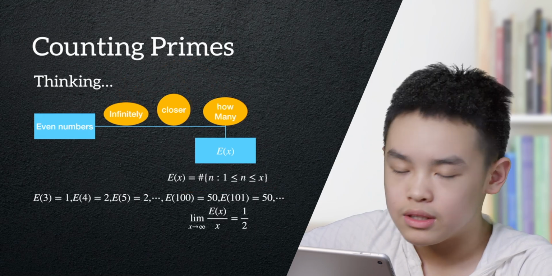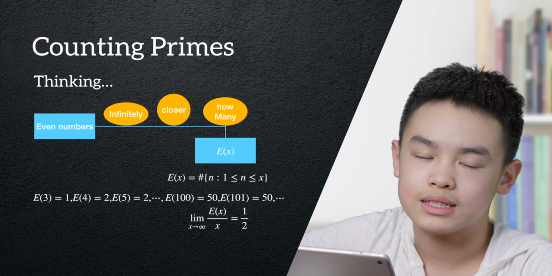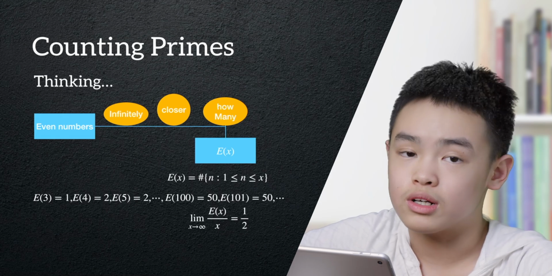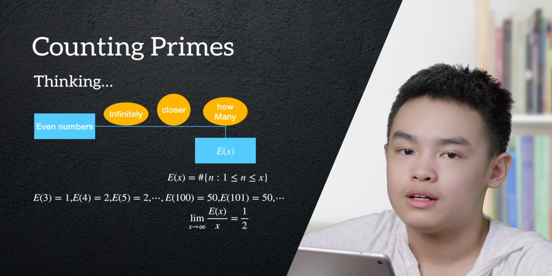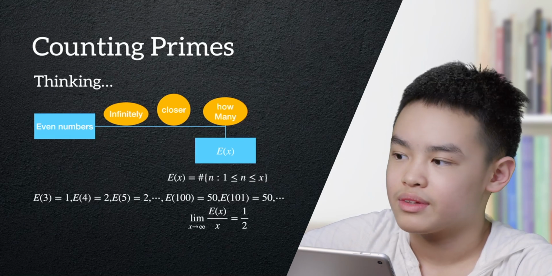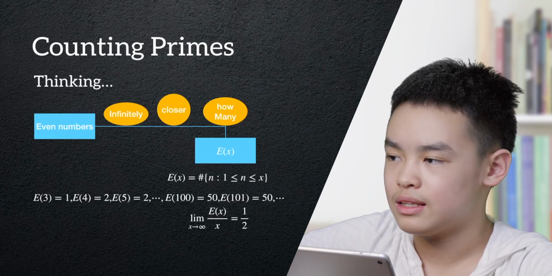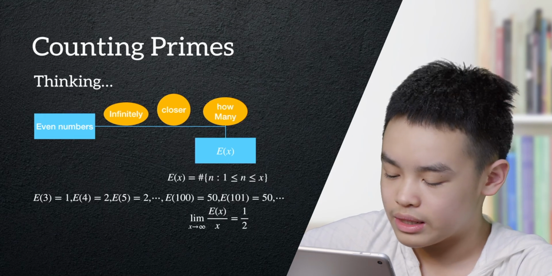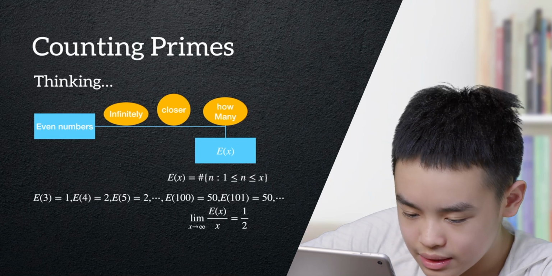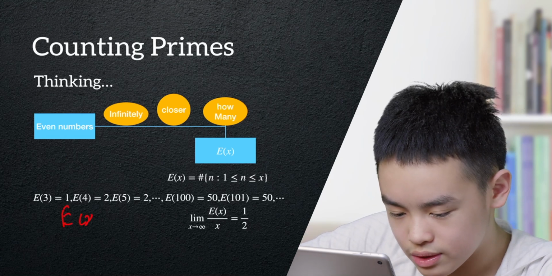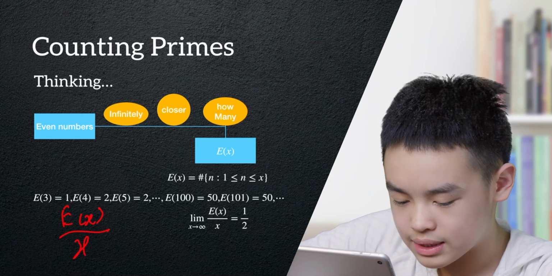So, for example, E(3) is just 1, because of 2. E(4) is 2, for 2 and 4, and E(100) is 50: 2, 4, 6, 8, 10, all the way to 100. E(101) is also 50. Now let's observe E(x) over x.